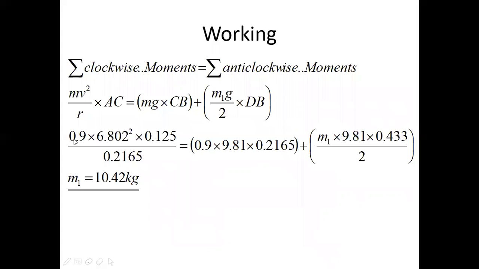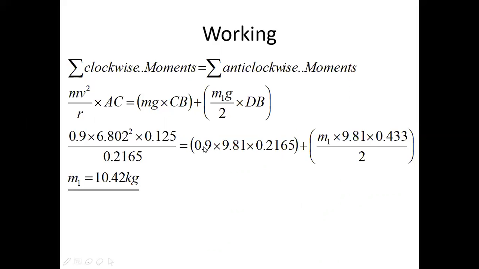So we just substitute. Mass is 0.9. Our V is this. And we are multiplying. Already we are saying this is squared. Then we are multiplying by AC, which is this number here. Everything divided by R. And there we have it there.